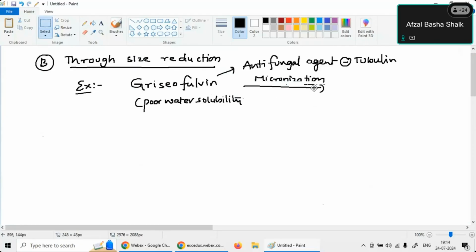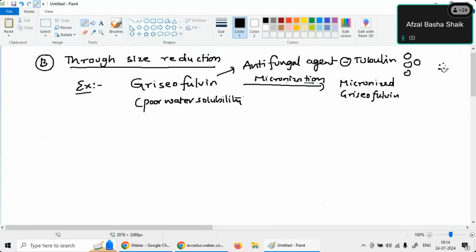The name itself is suggestive, right? Micronization. There is formation of micronized griseofulvin. What happens whenever the size is reduced? Say this is the griseofulvin. Its size is reduced, right? The surface area will increase, right?